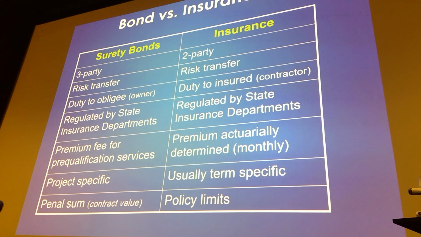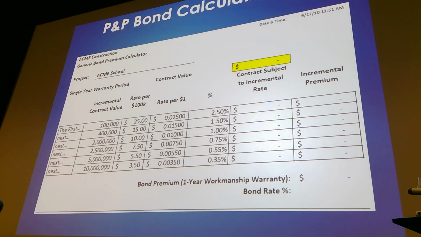So when we say actuarially determined, it means that it's using statistical information on the likelihood of something happening. It's an important concept in all of insurance. The old name for an insurance agent was an actuary.